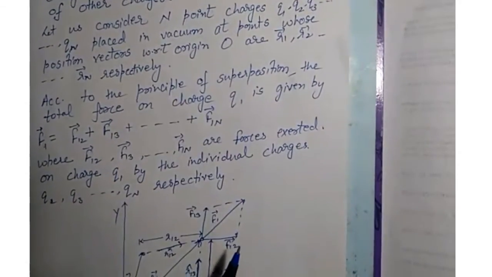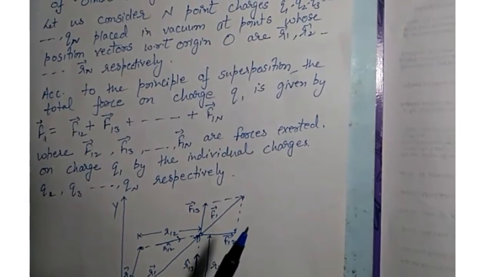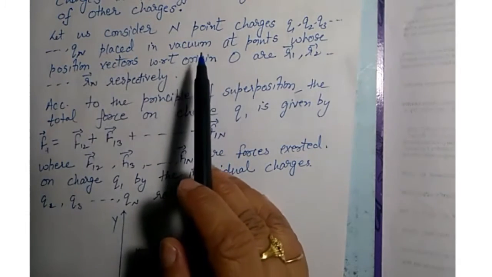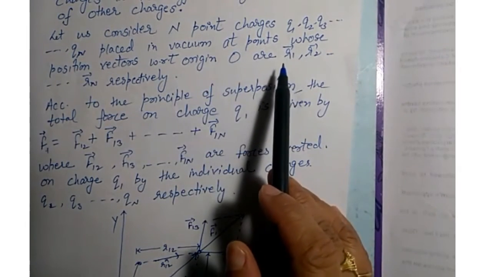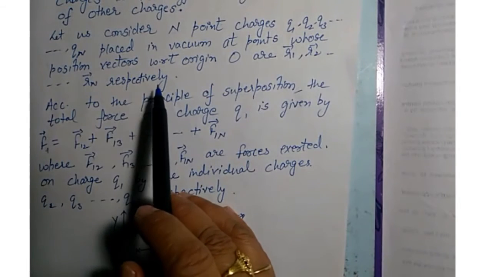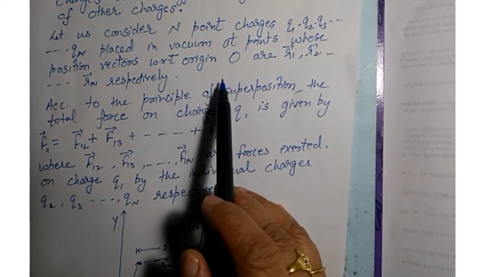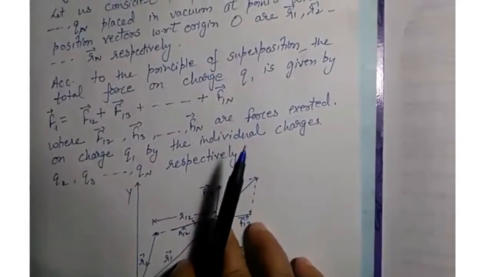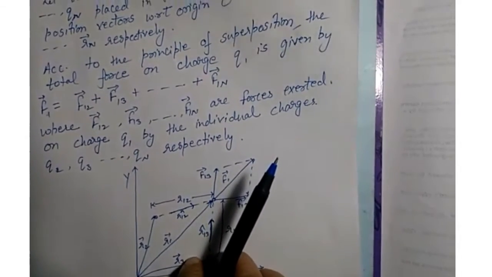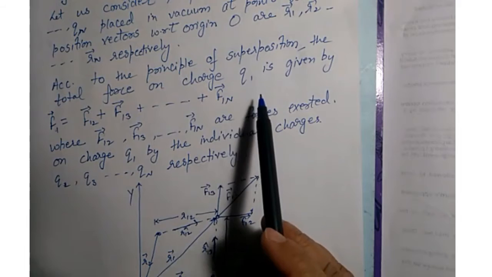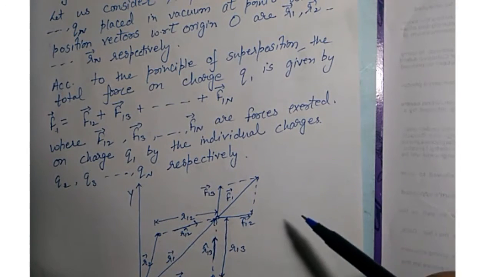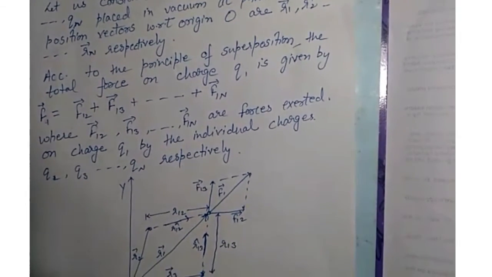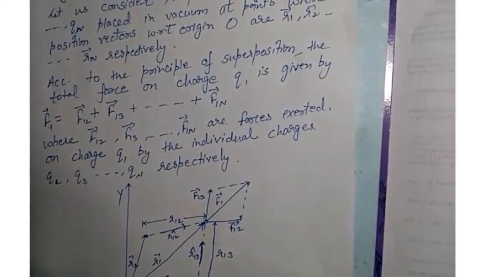In order to understand this, let us consider a system in which we have n number of charges placed in vacuum, and R1, R2 till Rn are their respective position vectors from the origin. So according to the superposition principle, the total force on a given charge Q1 will be the sum of all the forces on this charge because of the other charges.